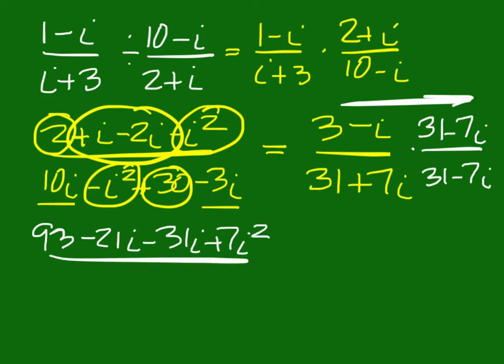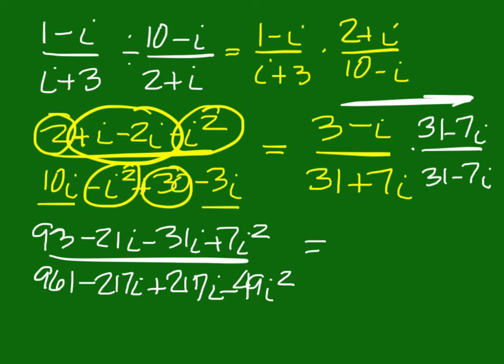On the bottom, 31 times 31 is what? 961. And then we'll have 31 times a minus 7, which will be minus 217. Is that right? Is it 217? Minus 217i. And then we'll have plus 217i. Why I'm going through a difference of 2 squares, I don't know, but it's too late to go back now.